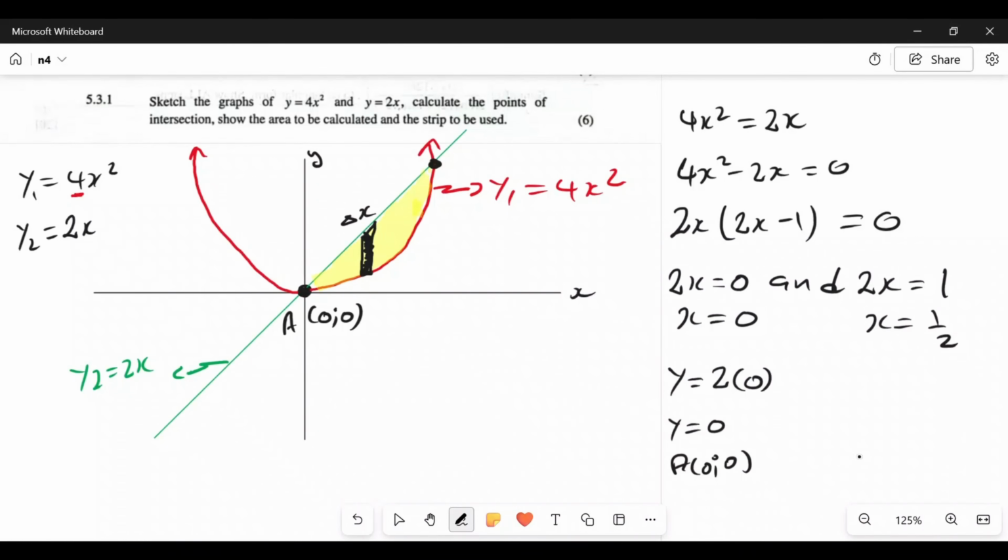Already I've written it. Now let's look at the other one. We can substitute half there. 2 multiplied by half is going to be equal to 1. So we can say point B, when x is half, our y is 1. So this is the point here, half and 1. There we go. So these are the intercepts that they were talking about.